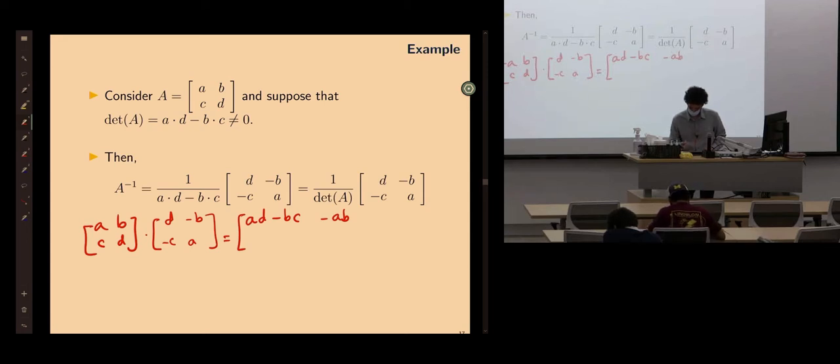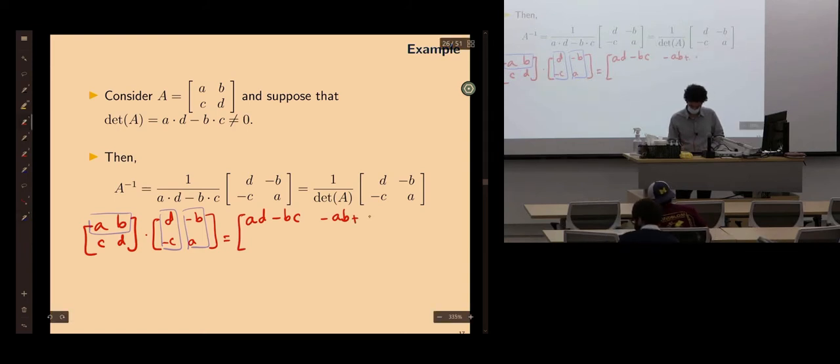It's harder than I thought. Help me. Maybe I should do the other way. But anyway, I was doing row by column. So A times D plus B times minus C. I have minus A times B plus, okay, now it makes sense, plus B times A, right?